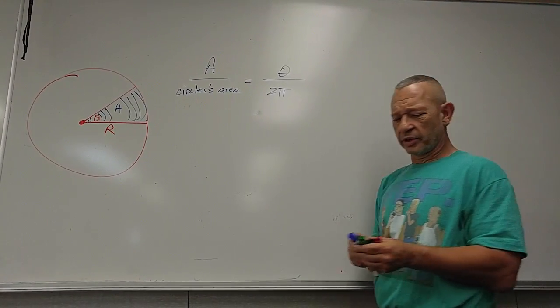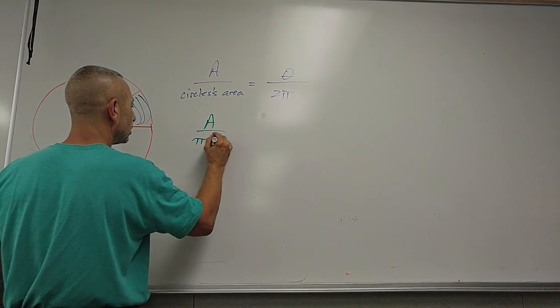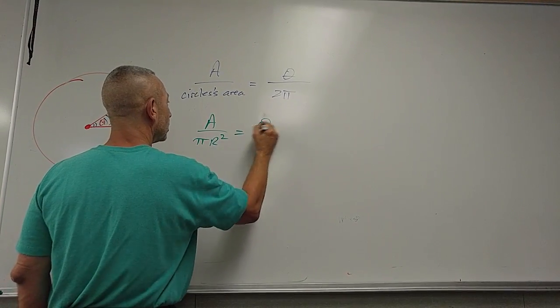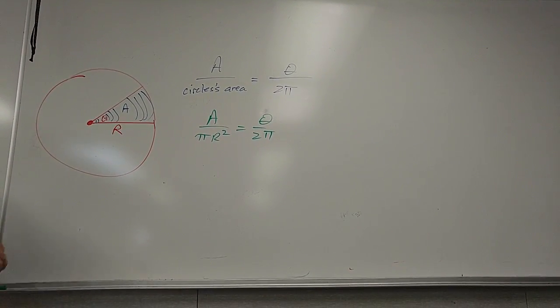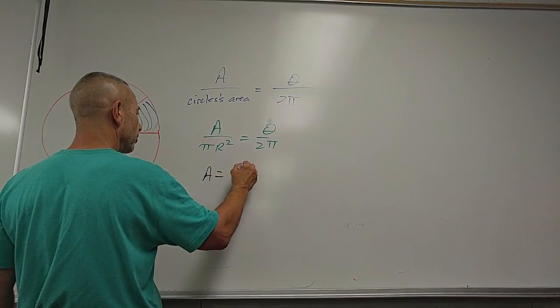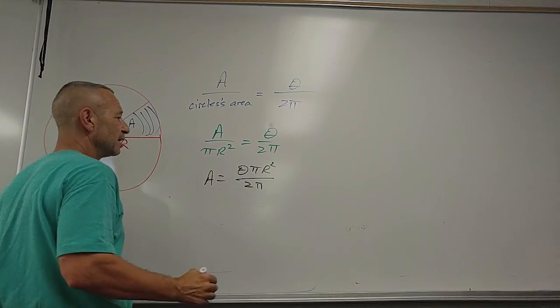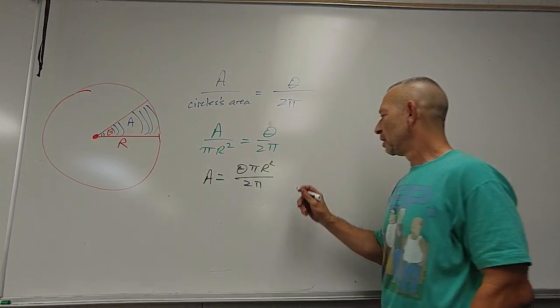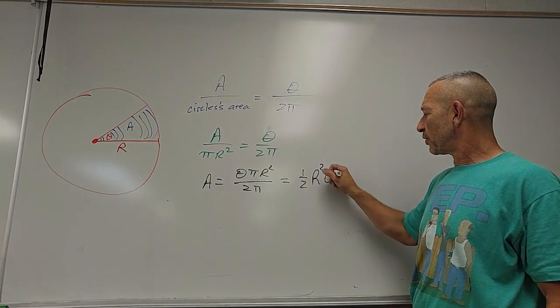What is the circle's area? And so if I'm looking for a formula for A, I'm going to now multiply by pi r squared. So theta pi r squared over 2 pi. Is that right? Yeah. And so that's 1/2 r squared theta.